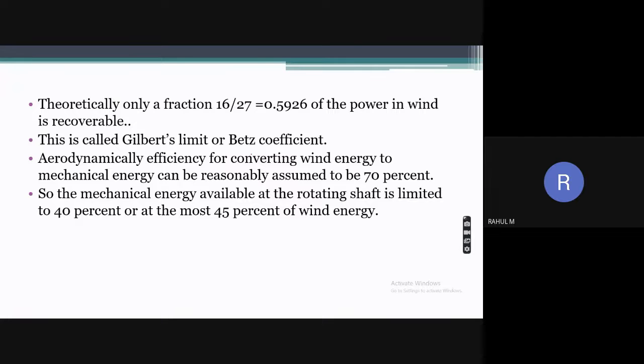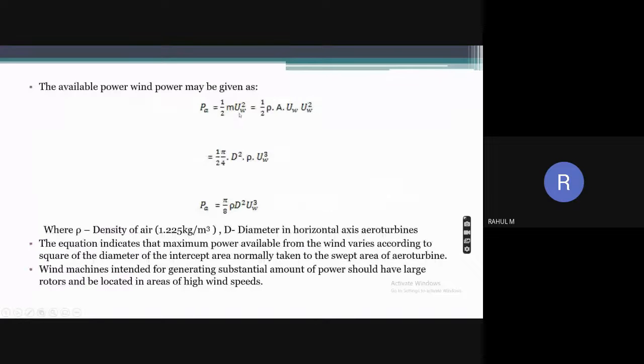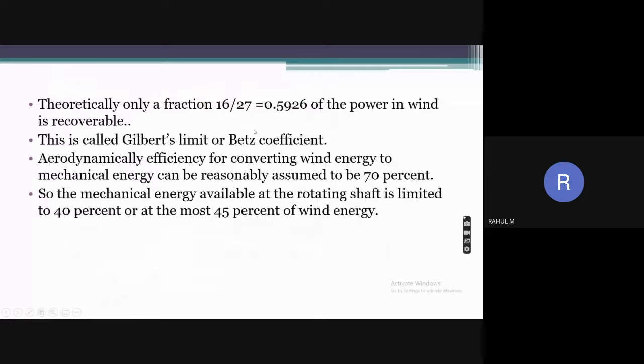As per Betz's experiments and analysis, he found that out of this, only a fraction, 16 out of 27, which is 0.5926 of the power of the wind, is recoverable.